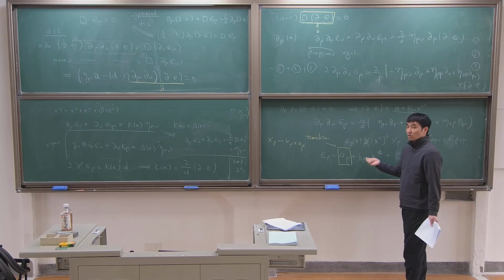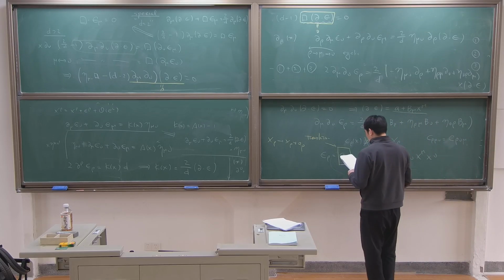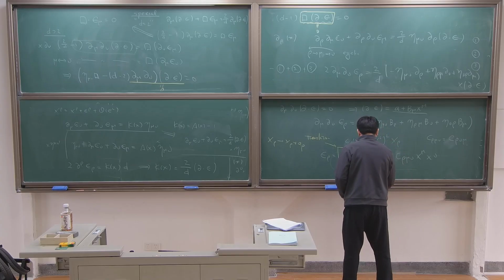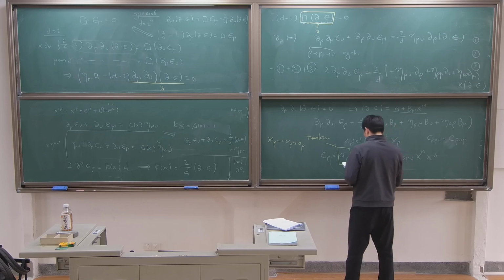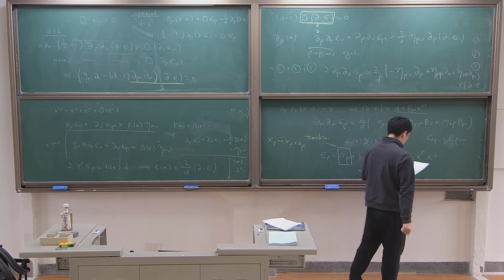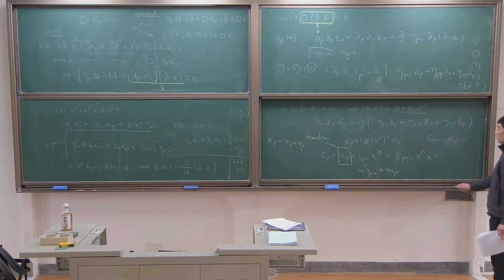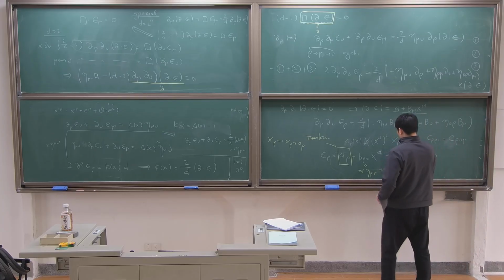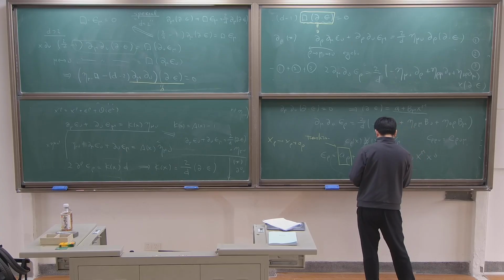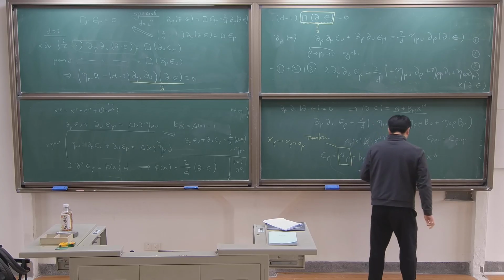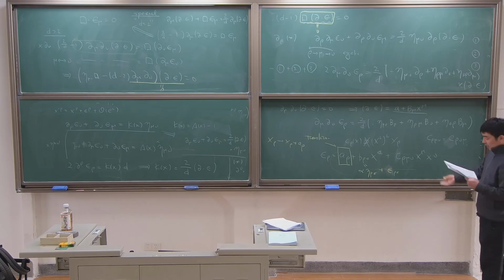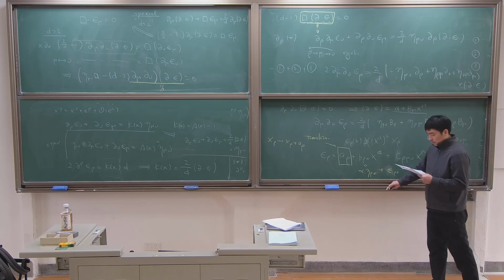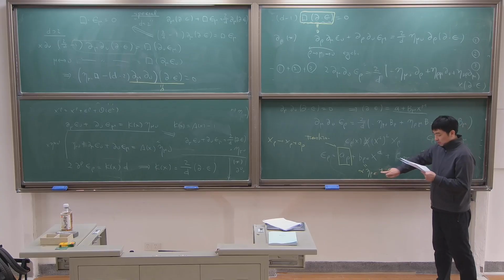This matrix can be decomposed in two ways. It is the sum of a symmetric matrix and an anti-symmetric matrix. Okay, we can always do that: decompose a matrix into a symmetric part and an anti-symmetric part.